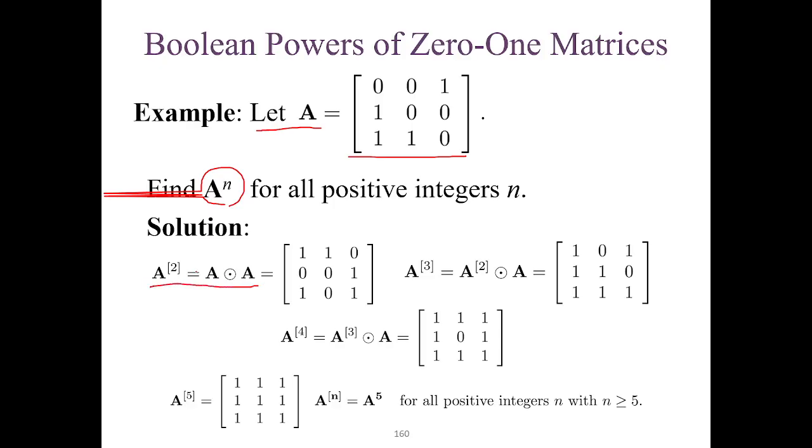First, we calculate A to the power of 2, which is the Boolean product of A and A. We already know how to calculate the Boolean product of A and A. After that, we can calculate A to the power of 3 using A to the power of 2 Boolean product A. By this step, you can calculate the Boolean power for any positive integer n of a 0, 1 matrix.